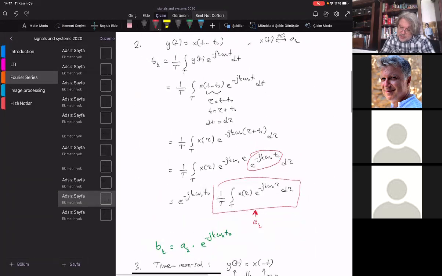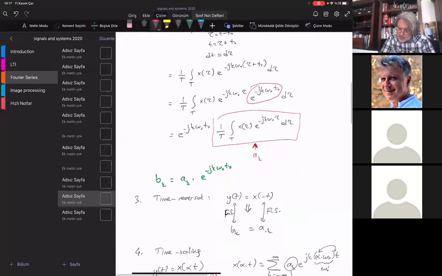Yes, the time shifting property states that if y of t is equal to x of t minus t0, as we see here, then bk is ak times e to the minus jk omega 0 t0. So I have to go to the new page and put a minus sign, because if it is already x of t minus t0, there is an e to the minus j, etc. t0.